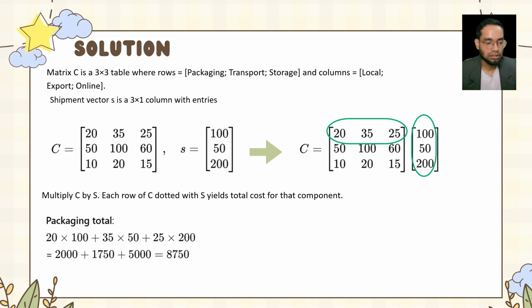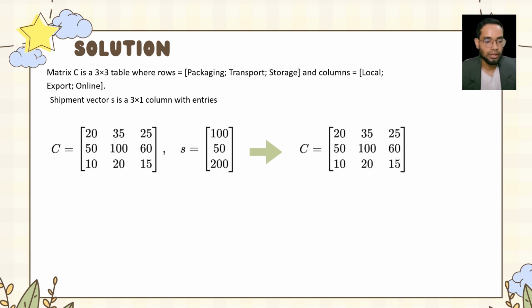Simple calculations, we can get the number 8750 for packaging cost. Moving on, we are now about to calculate the transportation cost by multiplying the second row of matrix C, which is 50, 100 and 60, by the S values, which are 100, 50 and 200.